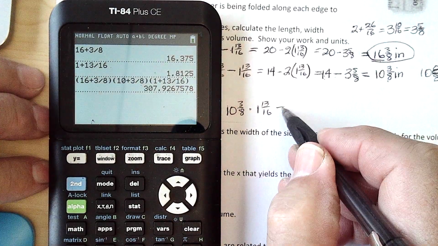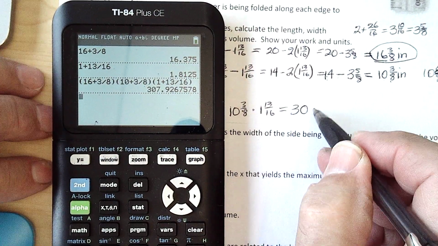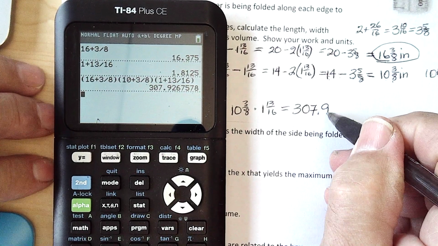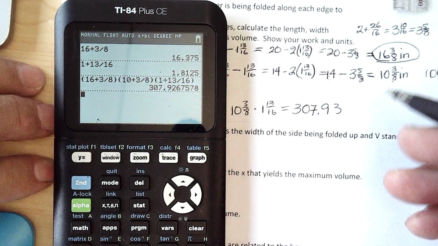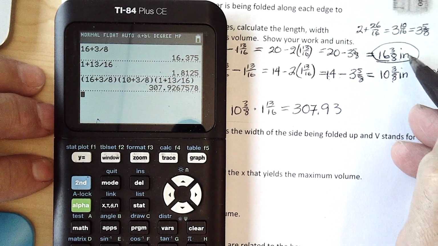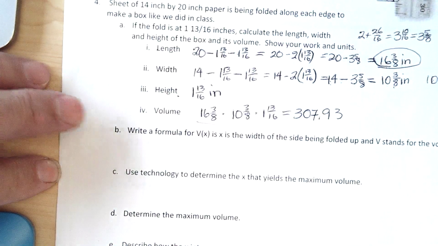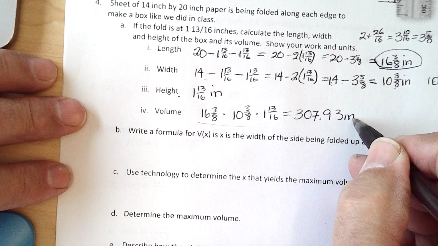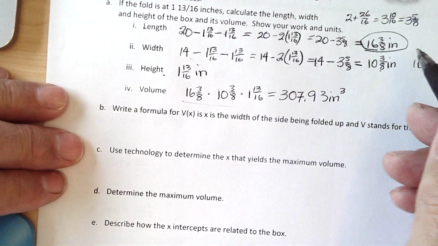And this comes out to be, in decimal, 307.93 rounding. And this was inches times inches times inches, which is inches cubed.